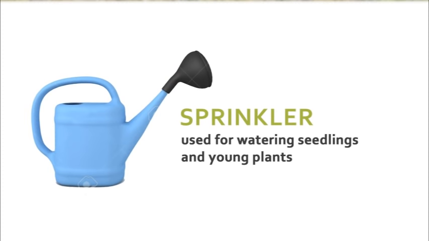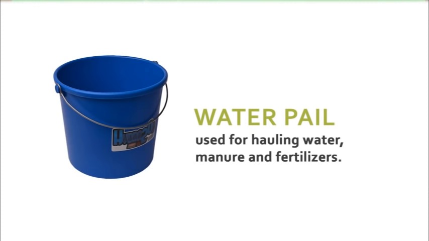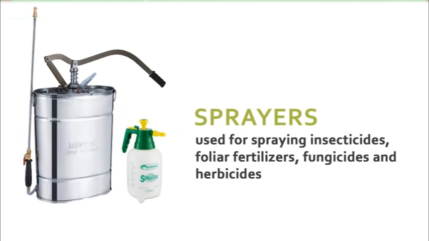Sprinklers. This is used for watering seedlings and young plants. Water pails for holding water, manure, and fertilizers. Sprayers are for spraying insecticides, foliar fertilizers, fungicides, and herbicides.